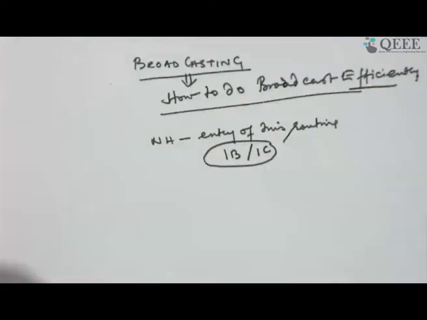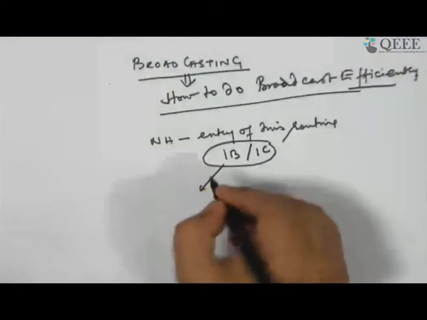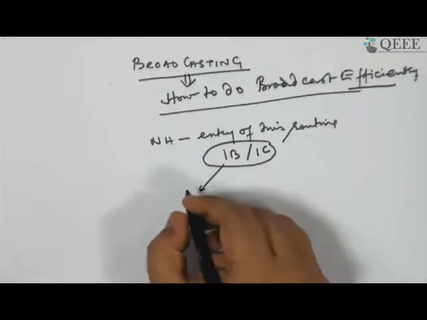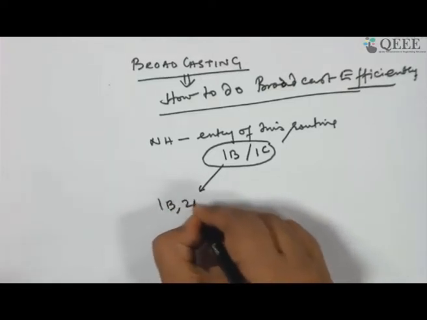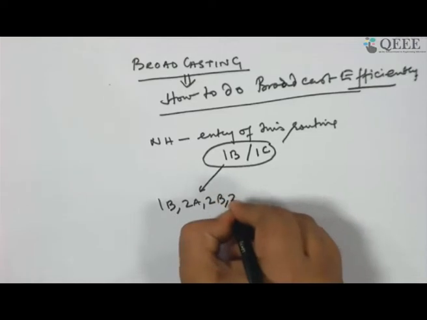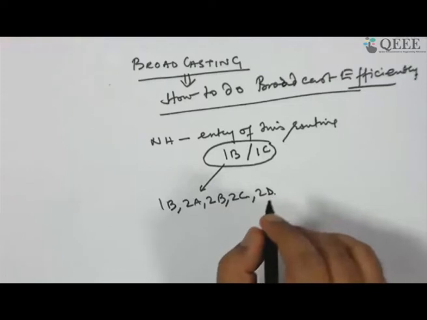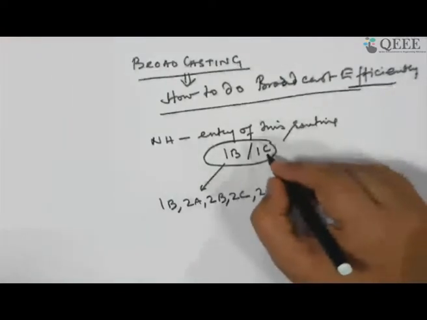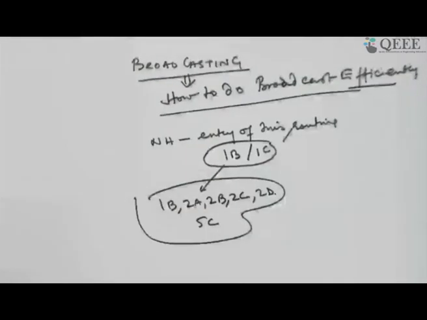So, just 1B and 1C. Now, the first one, simple one, 1B, is taking us where? It is taking us to obviously 1B, then 2A, 2B, 2C, 2D, and 5C. So, this is 1B's domain.